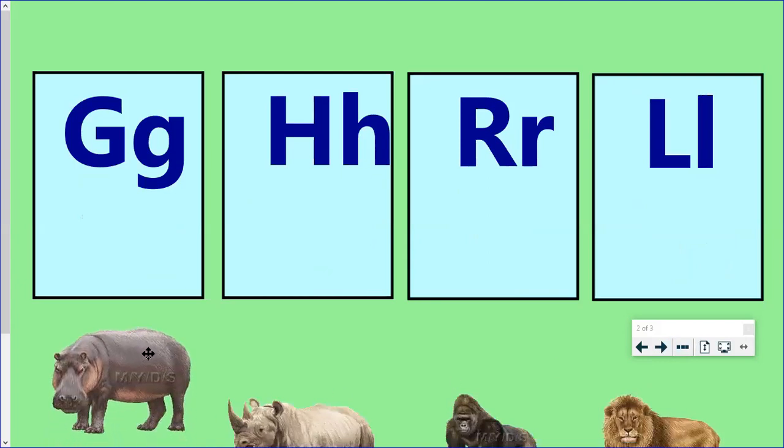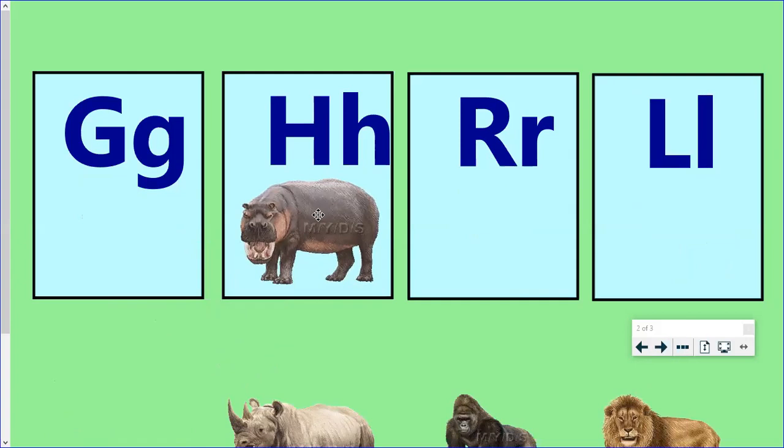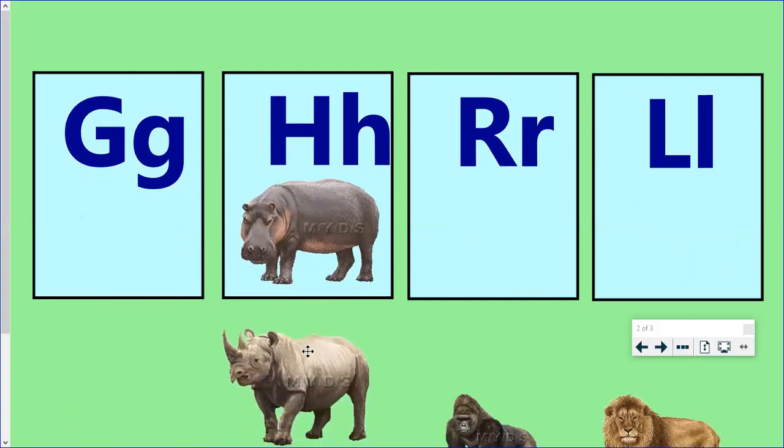The next screen, our first one is a hippo. Hippo. G, H, R, or L. Hippo. It goes under the letter H for the H sound. Next, we have a rhino. Which one would it go under? You are correct.